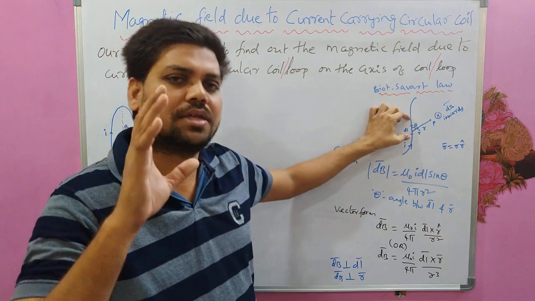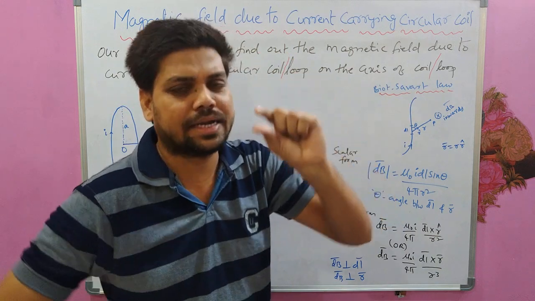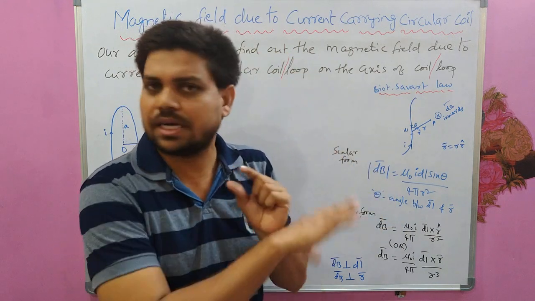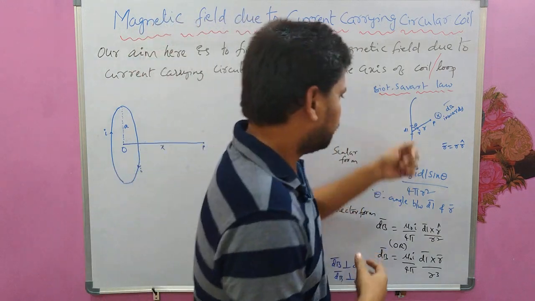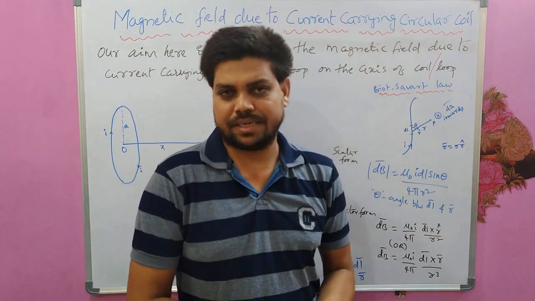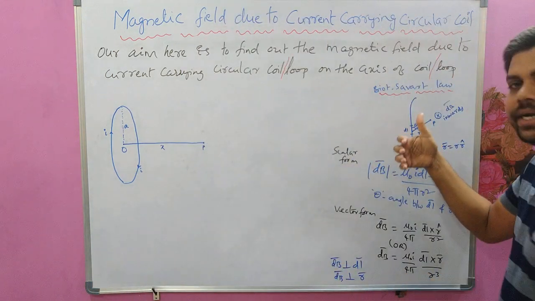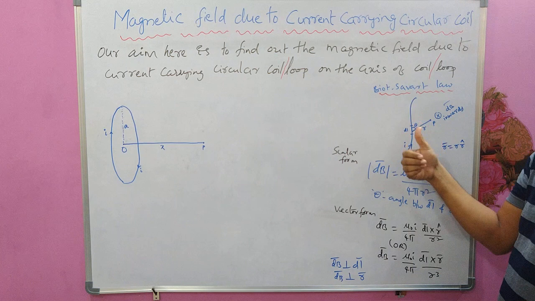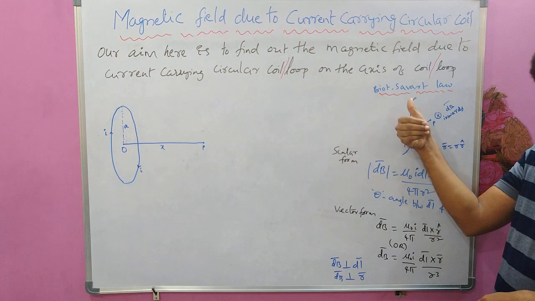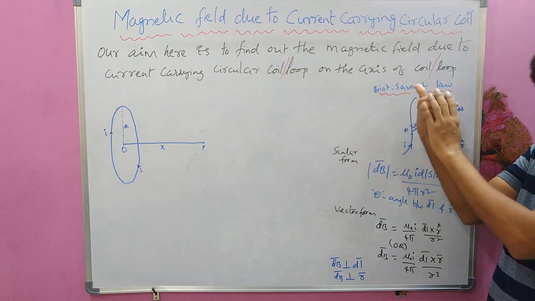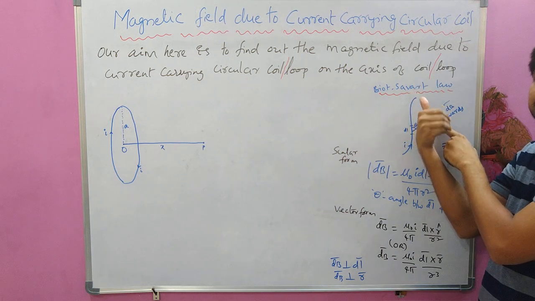So the Biot-Savart law is always used to find the magnetic field due to small current elements, not due to the entire current carrying wire. This is very important. To predict the magnetic field direction at this point P, we use our right hand, pointing our right hand thumb in the direction of current, and keep curling your fingers in such a way that your four fingers' direction will give you the direction of the magnetic field.